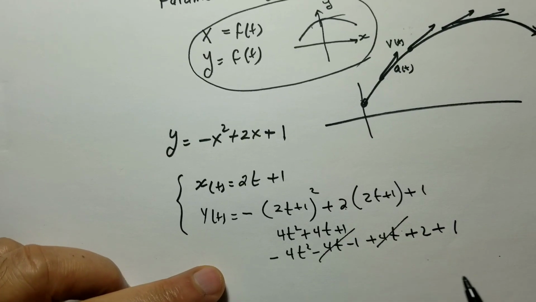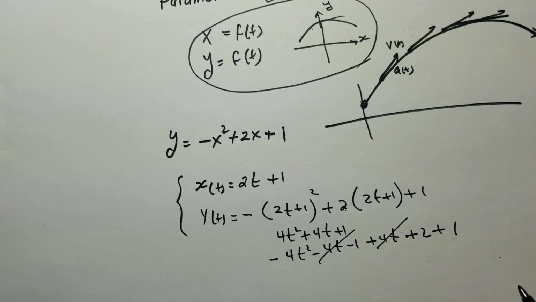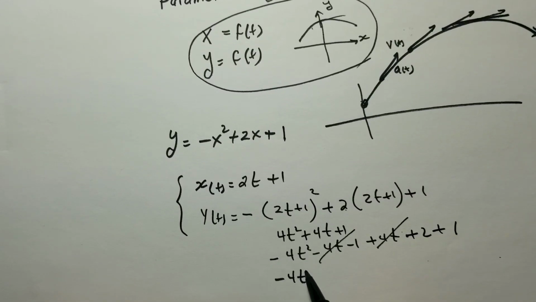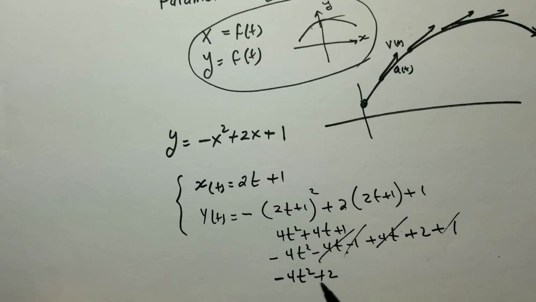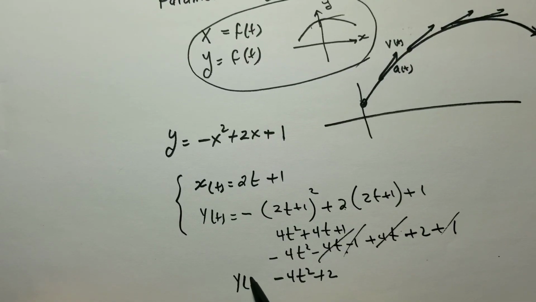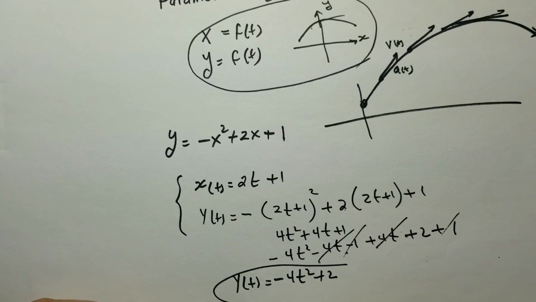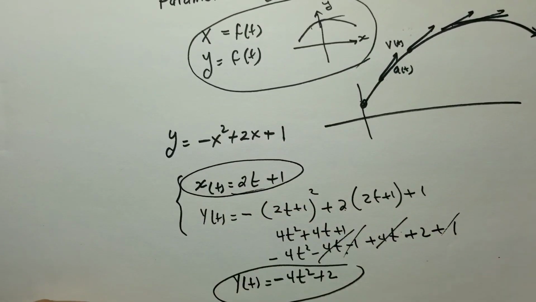Therefore, that 4t and 4t cancel out. And that becomes negative 4t squared minus 1 and plus 1 is plus 2. Therefore, this is my y of t, and this is my x of t.